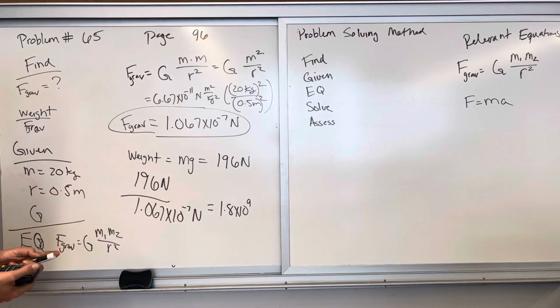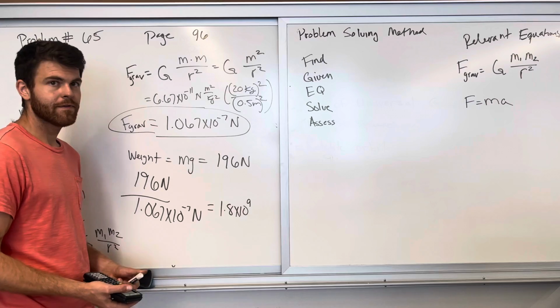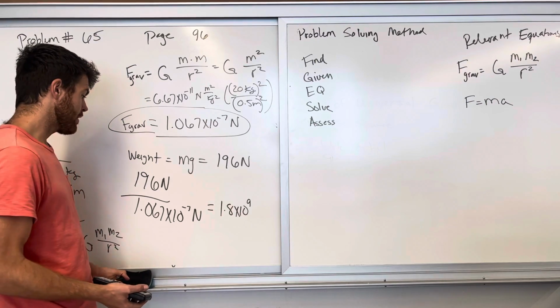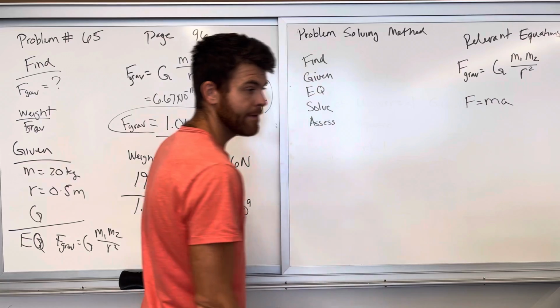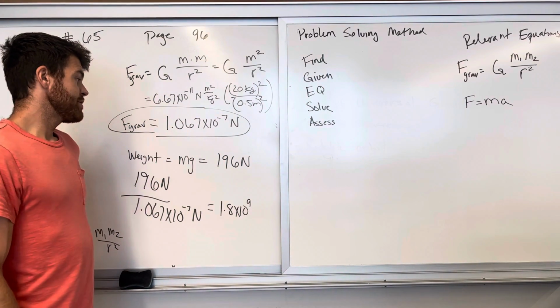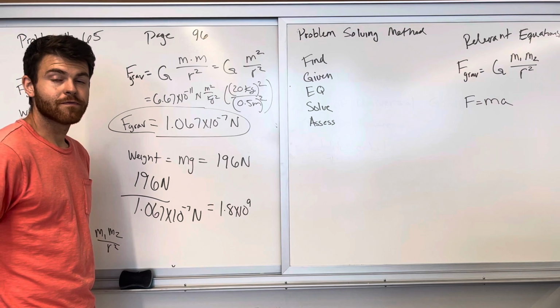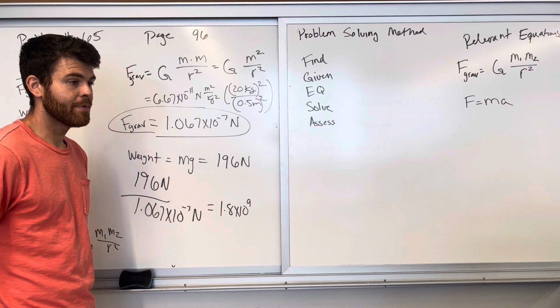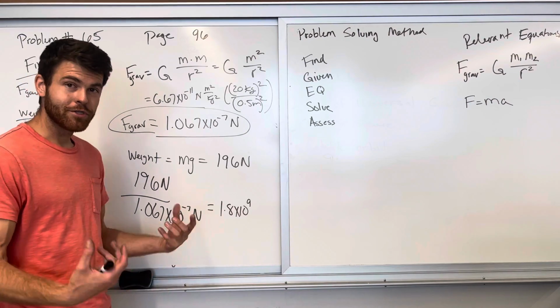So it's almost 2 times 10 to the 9 times greater. So you can see that the force due to gravity that they exert on each other is significantly smaller than the force due to gravity that the Earth exerts on the object. So that just shows you how much more powerful Earth's gravitational force is on objects compared to the gravitational force that other objects exert on each other.